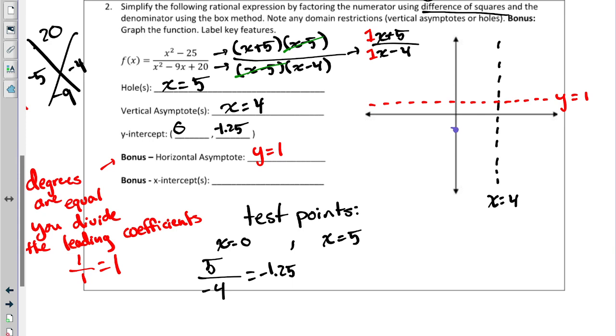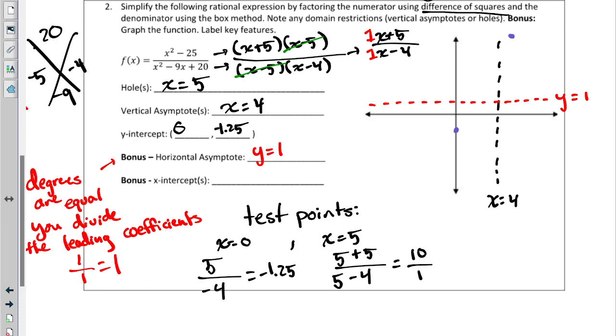Then I need to plug in a point to the right of my vertical asymptote. We said x equals 5, and that becomes 5 plus 5 over 5 minus 4. That is 5 plus 5, which is 10, over 1, which is 10. So when x is 5, the output is 10, which is like up here.